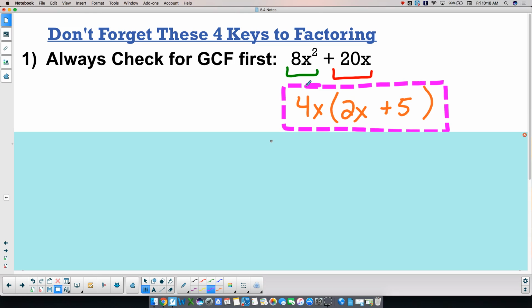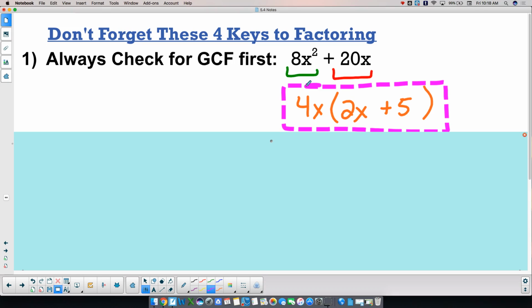How can I check to make sure that I'm right? You distribute the 4x back into the parentheses. And how long will that take me? 15 seconds. If that.